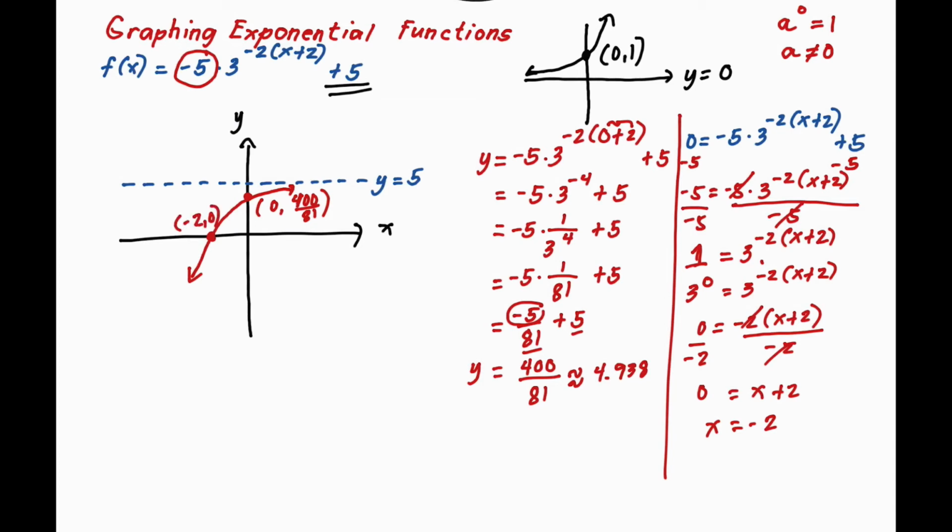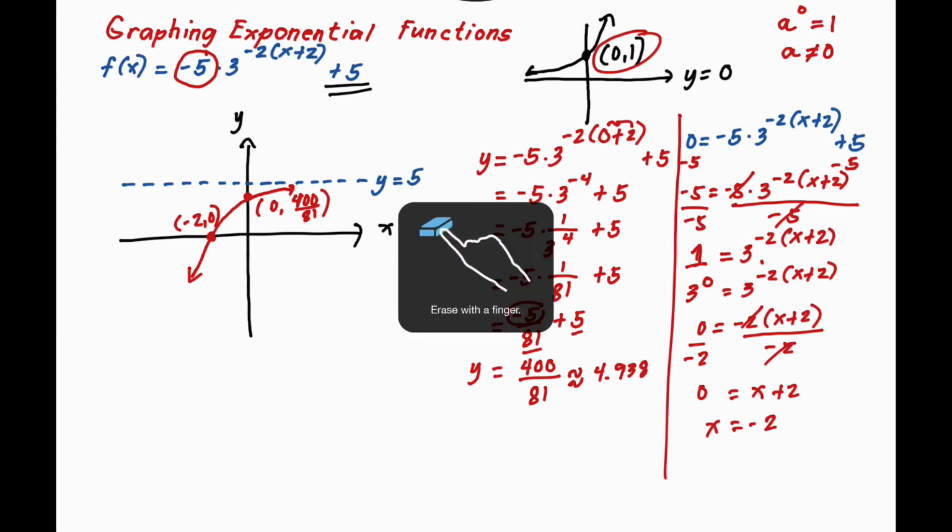The next question is, where will the point (0, 1) go? Because it has to be transformed, right? Let's first discuss the x-coordinate 0.